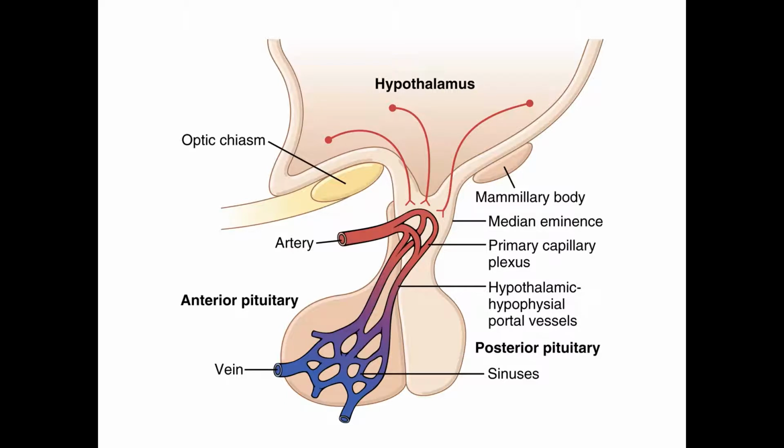They go through the hypothalamic-hypophyseal portal vessels until they reach the parenchyma of the anterior pituitary gland. As you will see later, the anterior pituitary gland consists of 5 types of cells which secrete substances into the veins. And the hypophyseal veins will then reach the other parts of the body and the circulation.